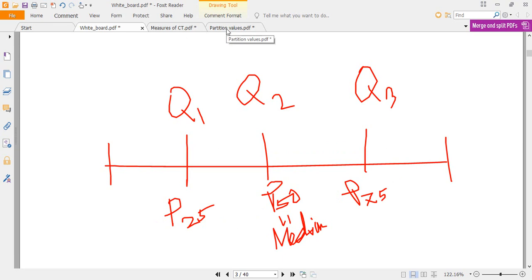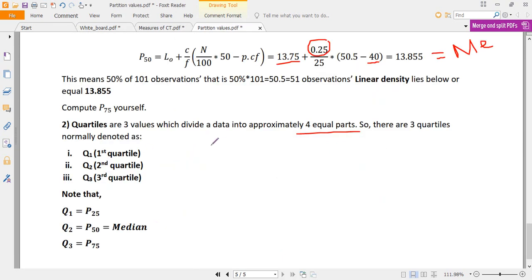Okay, so I think you will be able to compute any quartile from raw data or grouped data because you know how to compute percentiles. But I will show a shortcut technique for raw data.